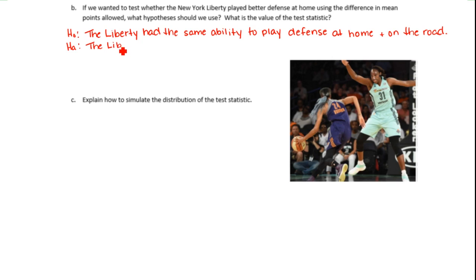So our test statistic, you would have to calculate the means for each category.